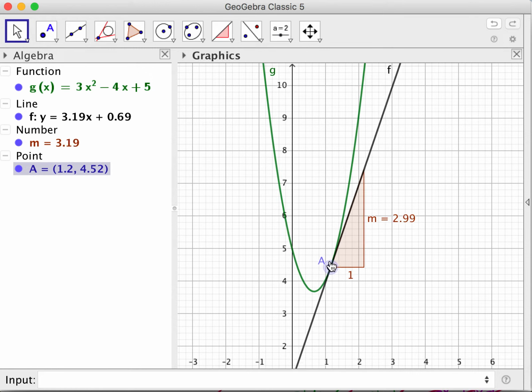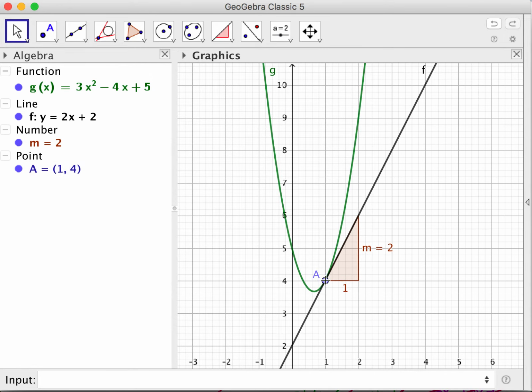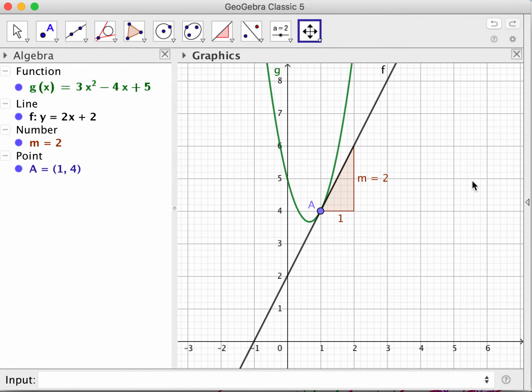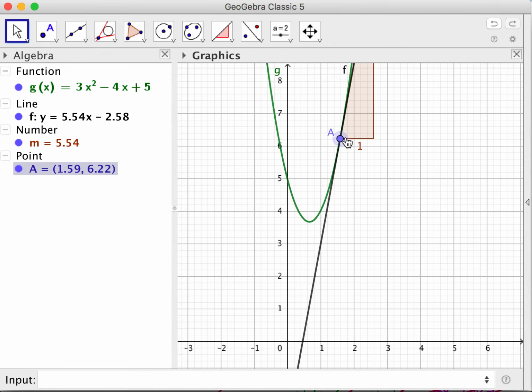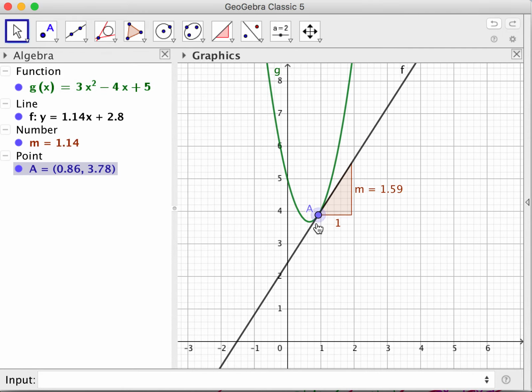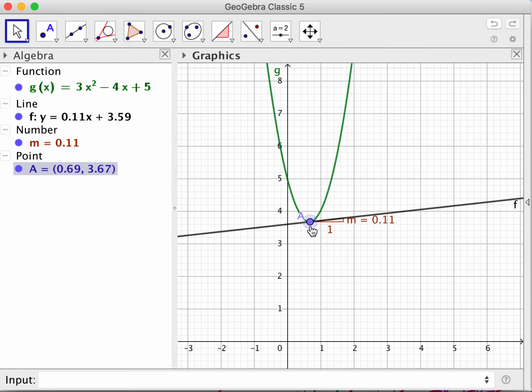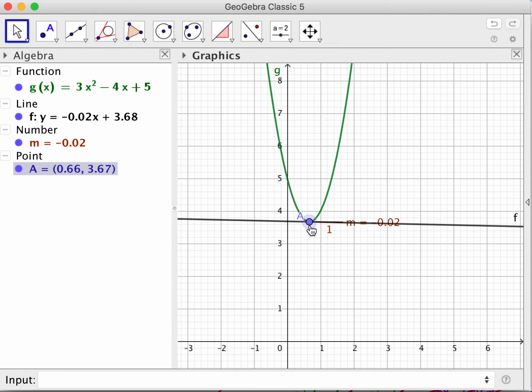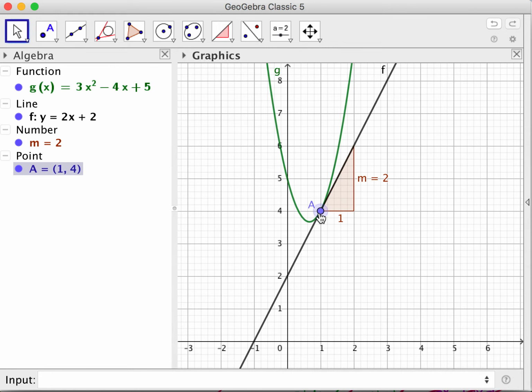So at this point, for example, at x equals 1, this is our x-axis. At x equals 1, the slope is 2. Then here, its slope is 0, for some value of x. It is hard to estimate.